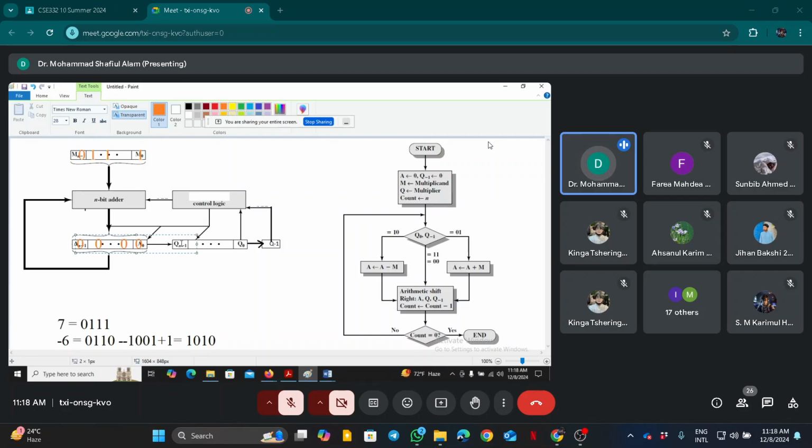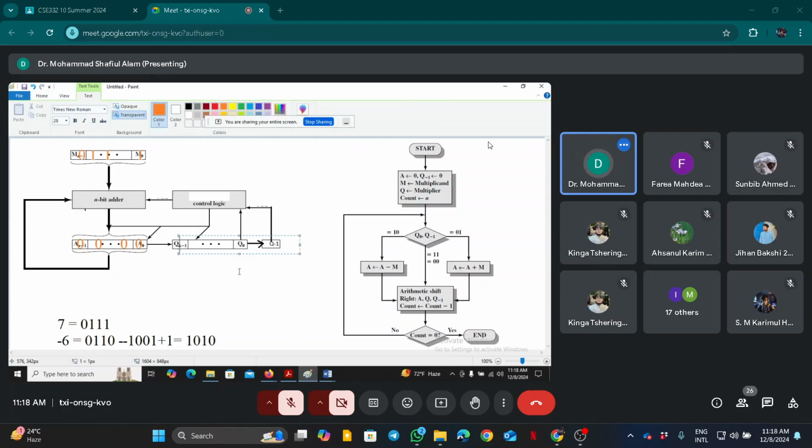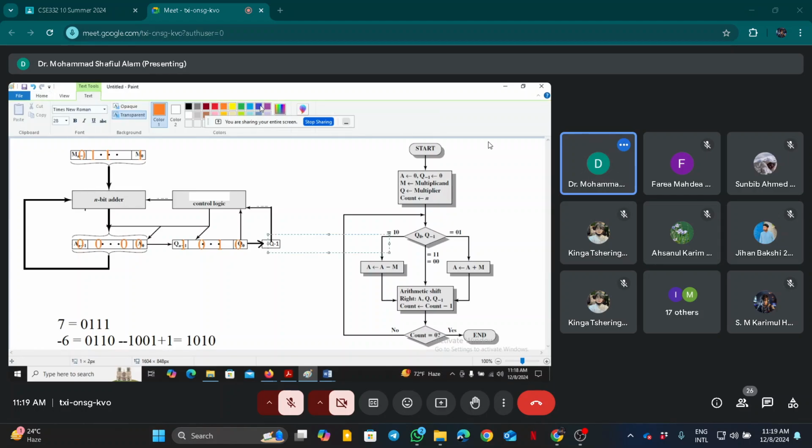This one would be initialized with the multiplier. This time it is 1, 0, 1, 0. And we have another flip-flop that is initialized to 0 at the beginning. So this is the initialization.